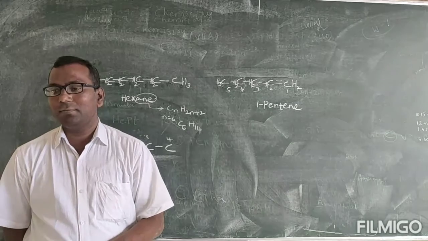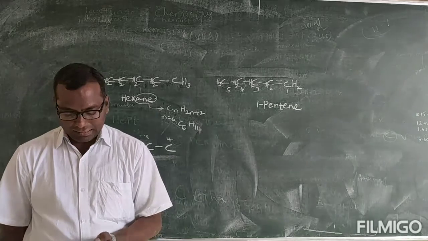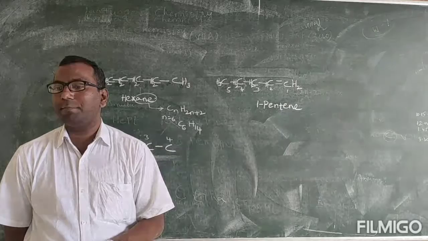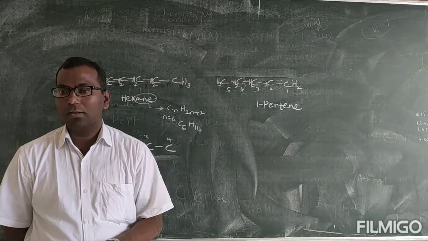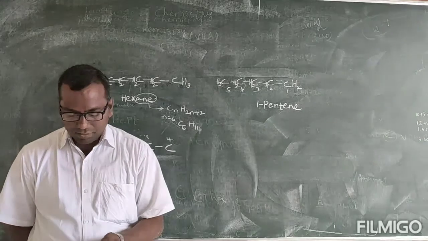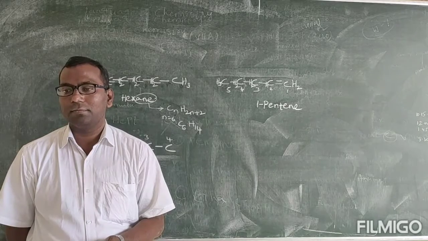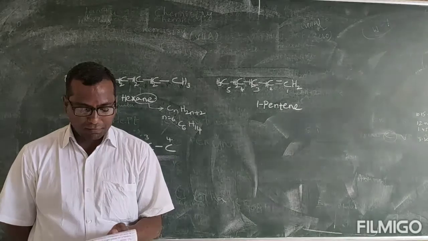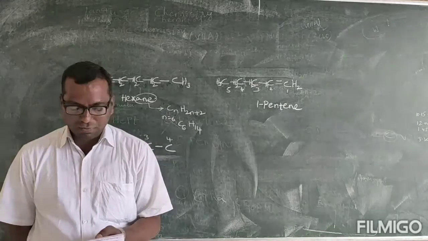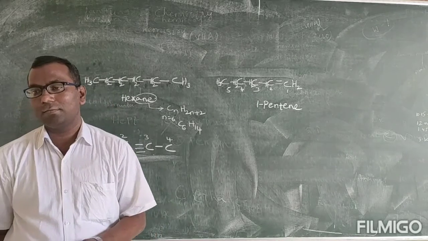This is done by numbering the carbon chain from one end to the other.